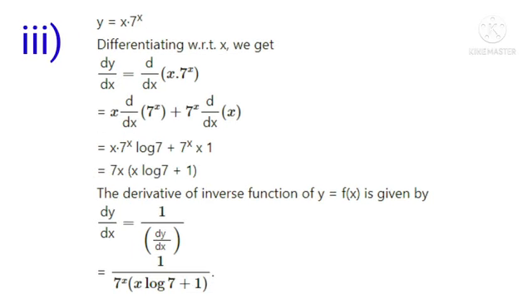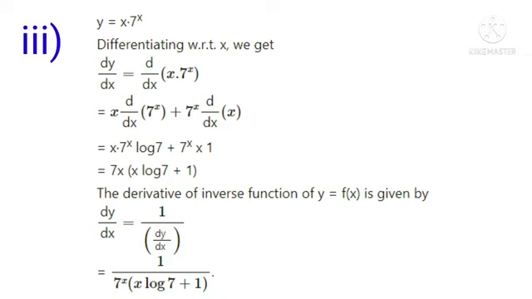See the third example, y is equal to x into 7 raised to x. Differentiate with respect to x, we get dy by dx is equal to d by dx of x into 7 raised to x. Students, here also you use the product rule: first into derivative of second plus second into derivative of first.